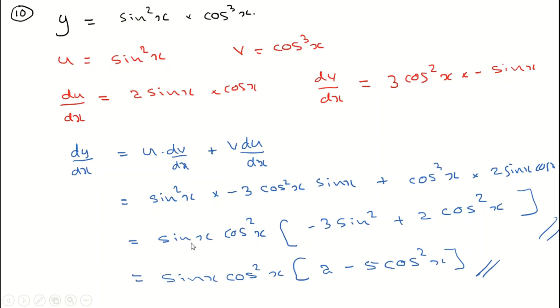So sin x is common, cos squared is common, so you pull them out. When you pull them out, it will be minus 3 sin squared here. Here what will remain is 2 cos squared. Now you can write this cos squared as 1 minus sin squared, or sin squared as 1 minus cos squared, and then simplify it like this.